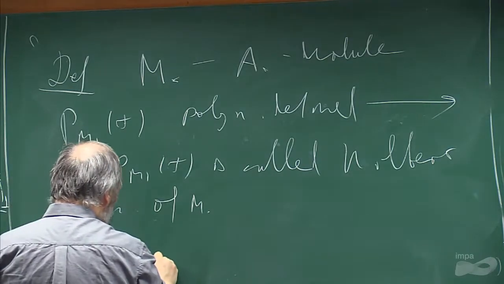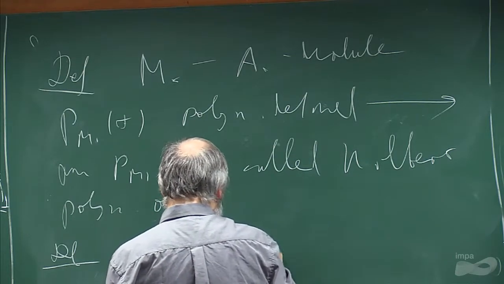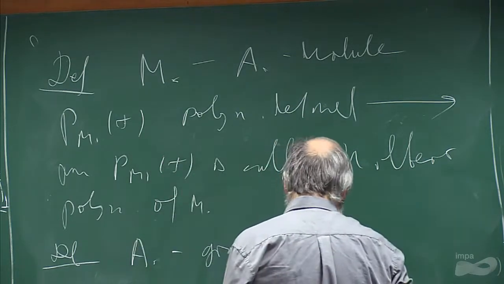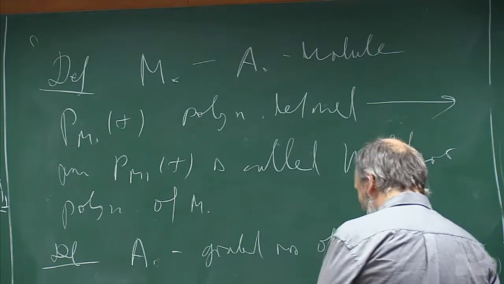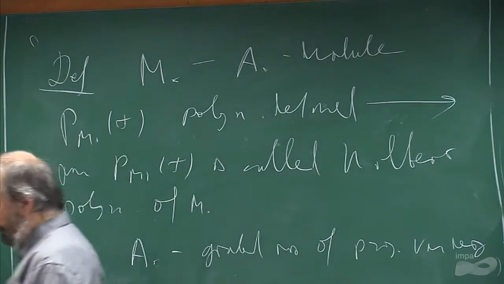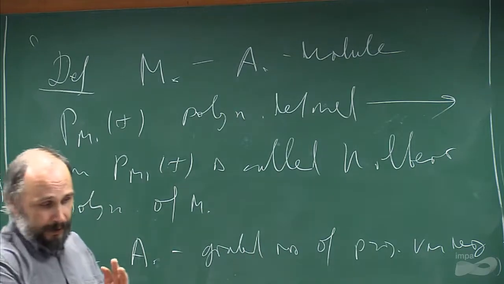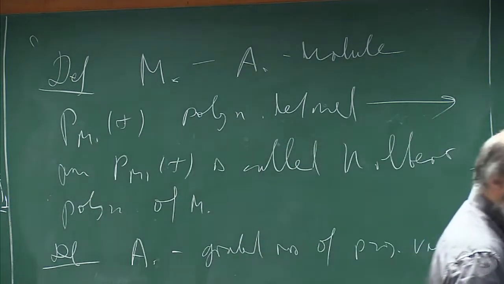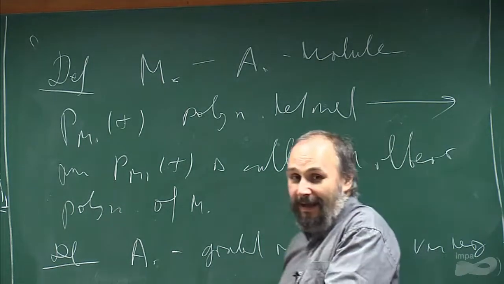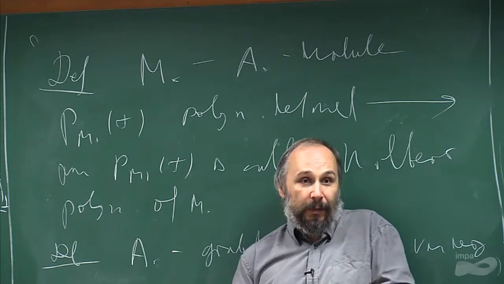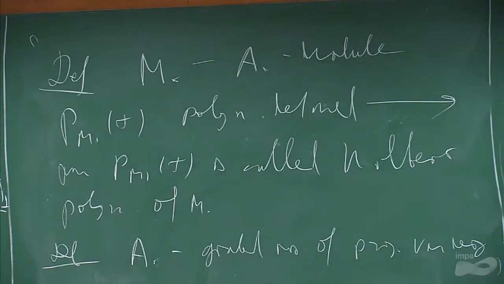And the important special case is if A star is a graded ring of a projective variety. So what can we say about this graded ring? First, it's finite type, right? Because for each degree, A_k is just a quotient of polynomials of the same degree, which is a finite-dimensional space.